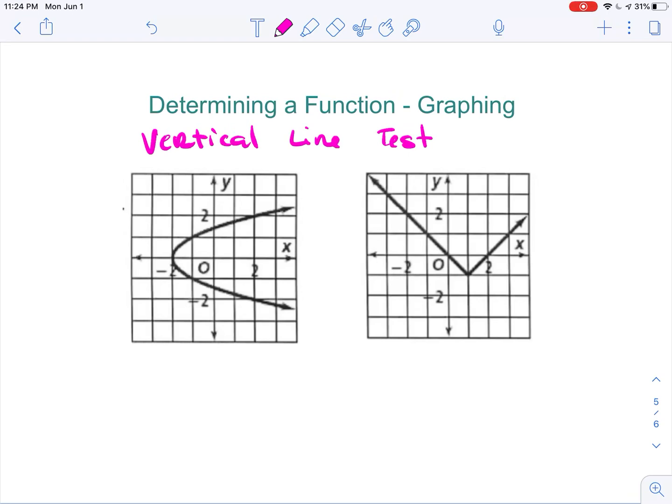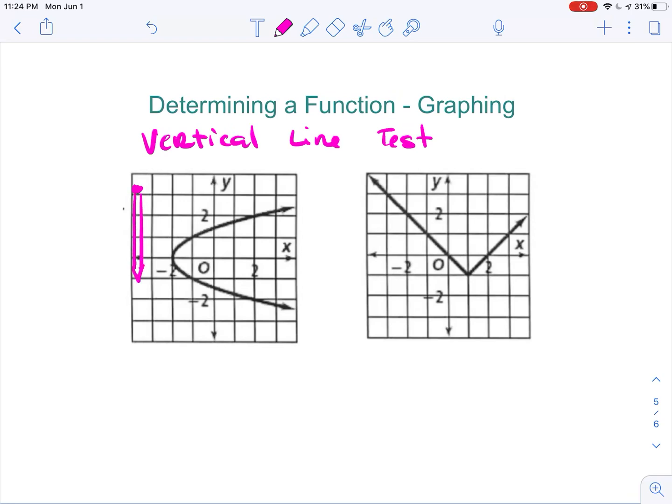Basically it says if you can draw a vertical line anywhere on the graph and it hits only one point, you have a function. If at any point we can draw a vertical line and hit our graph twice, it will no longer be a function. It could happen as many times as we want, but as long as it happens once, it's immediately not a function.